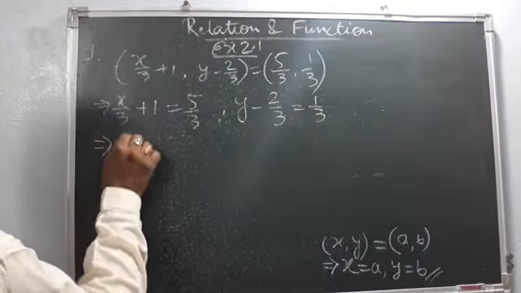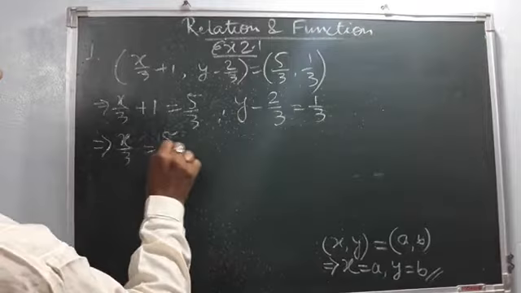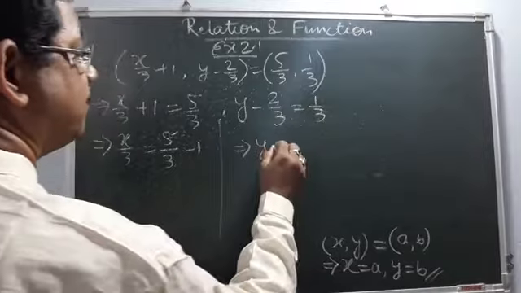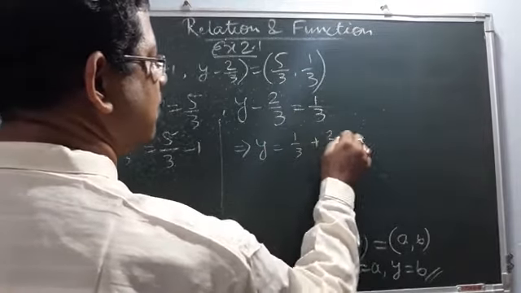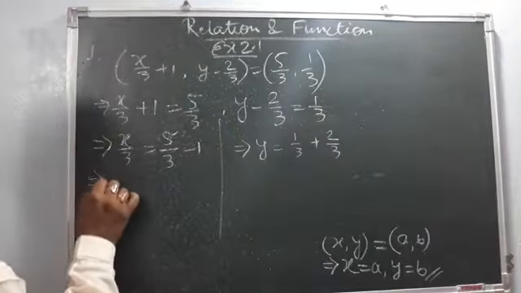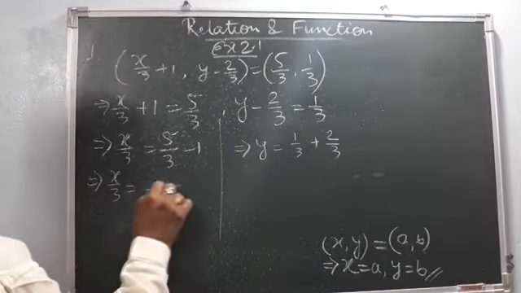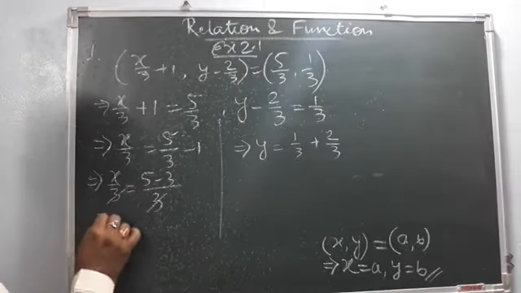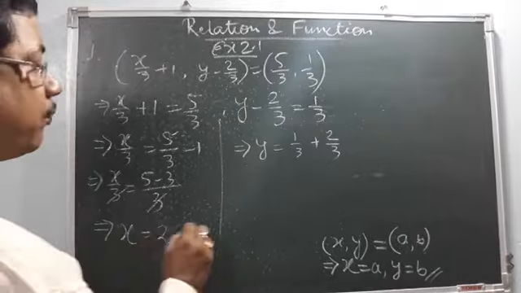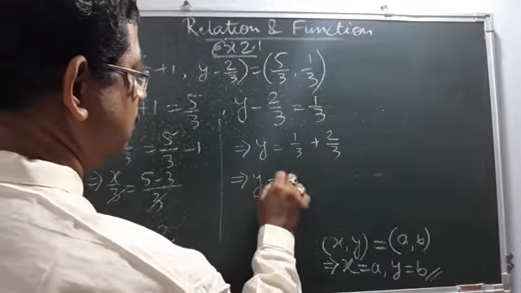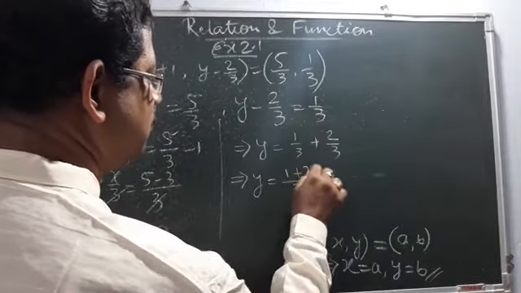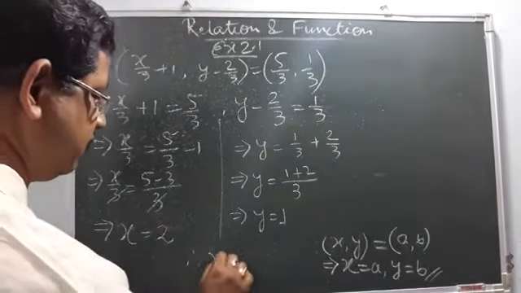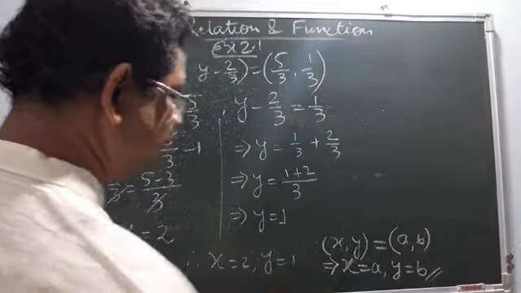So then we can write x by 3 is equal to 5 by 3 minus 1, and y as 1 by 3 plus 2 by 3. Then x by 3, if we take LCM, is 5 minus 3, the 3 cancels, and we can say x is 2. Here also if we take LCM, 1 plus 2 is 3 by 3, that is 1. So what we get: x is 2 and y is 1.